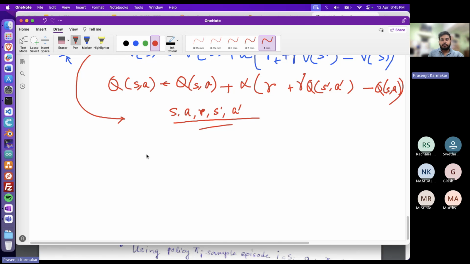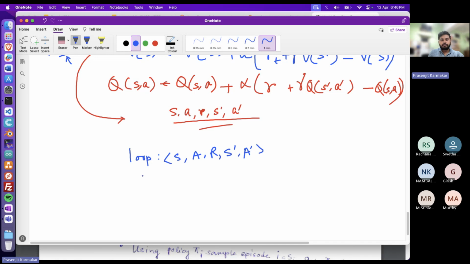So what was our previous algorithm? Loop. Loop means interact. Loop and get these tokens S, A, R, S prime, A prime. Get this and loop and interact with the environment.